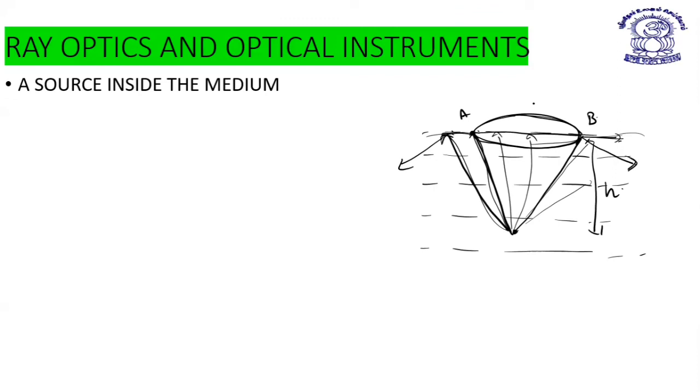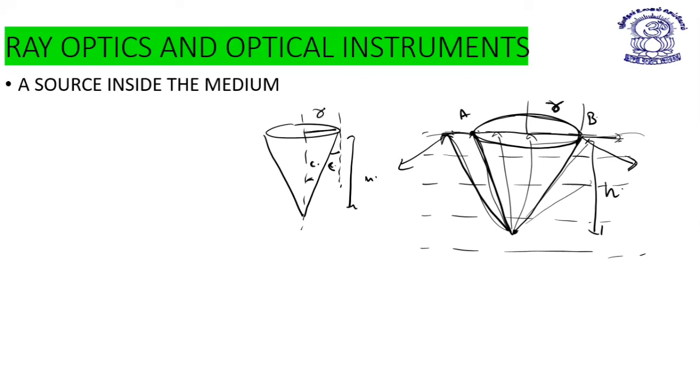We want to find the radius of this circular disc shape. So here this depth is given, h. Light is incident at an angle of critical angle C, so this angle will also be C. This height is h.